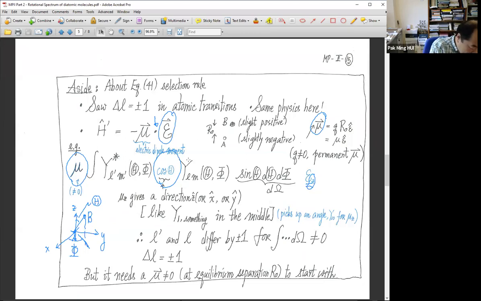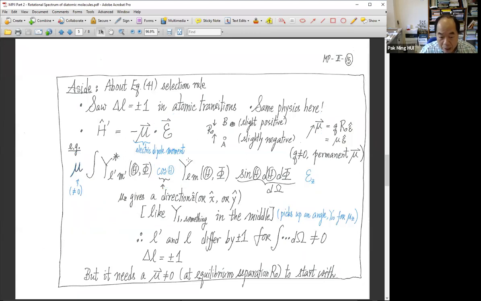Okay, so the point is, I will pick up an angle here so that when this goes with that and you do the d theta integral, that will not be zero.